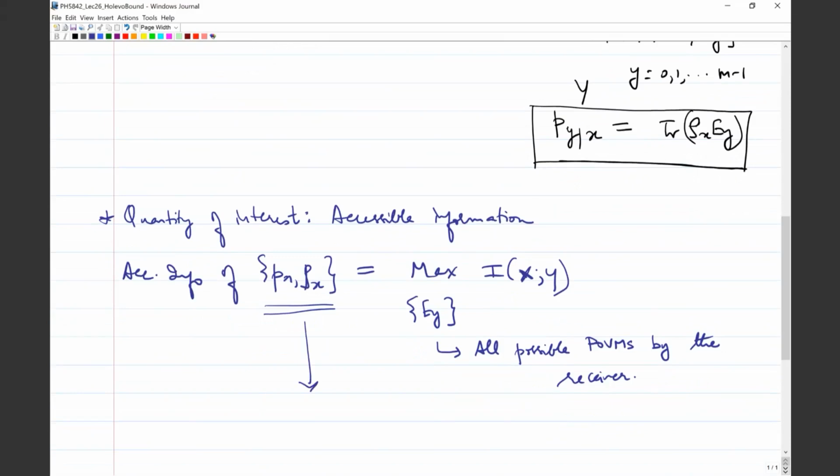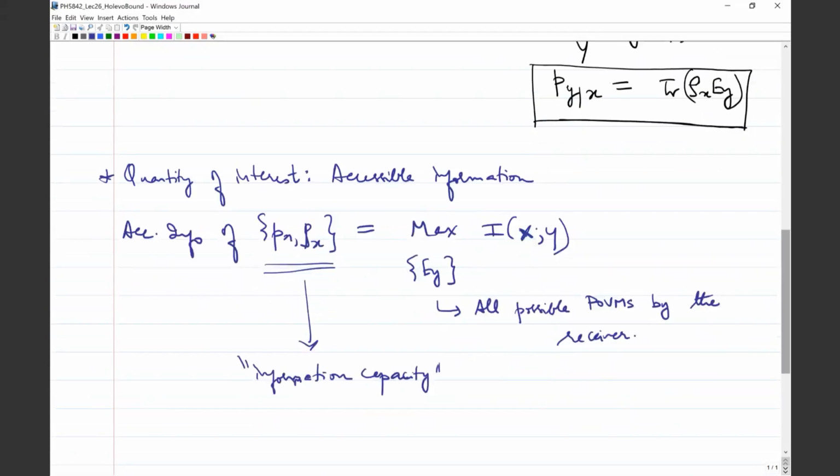So one can think of this as the information capacity of this ensemble of states. And of course, keep in mind that this is the classical information capacity, right? Because you're finally encoding classical information in quantum states here. Okay. Right. So I think I discussed this briefly last time also.